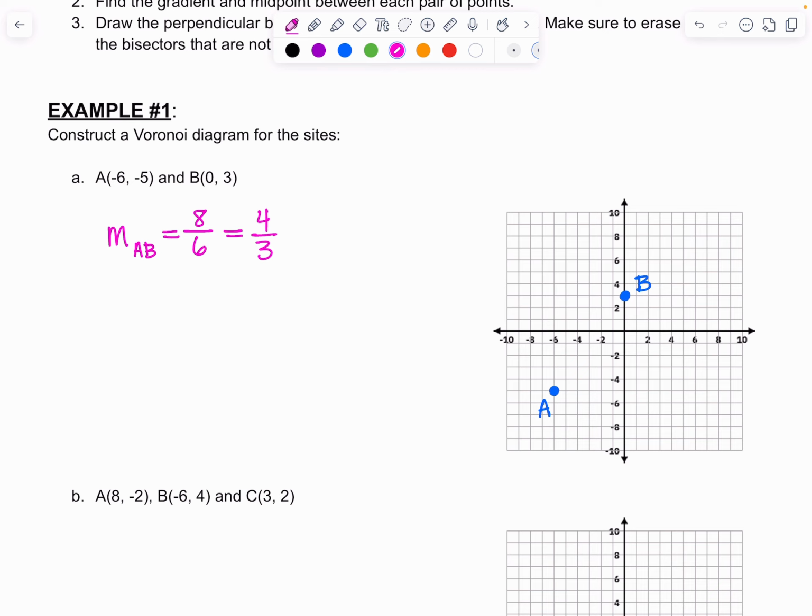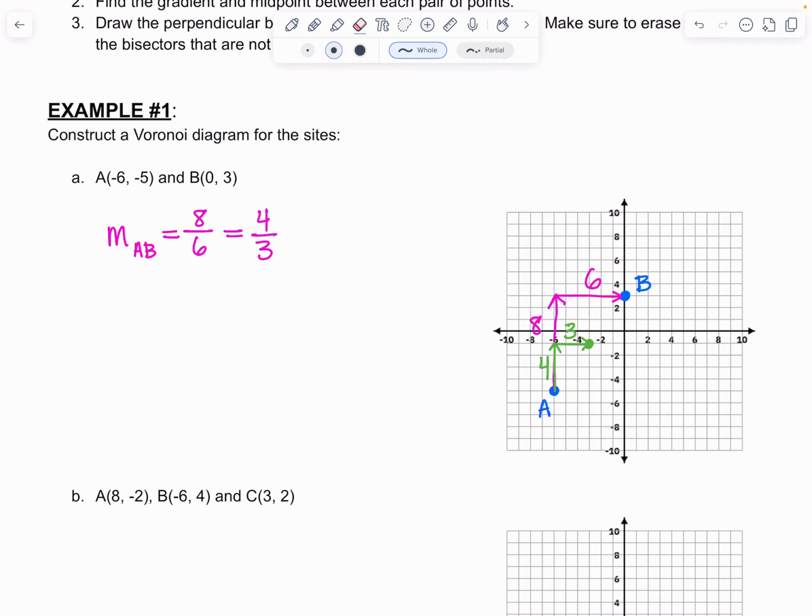So now what I need to do is find the midpoint. Well, you can use the midpoint formula, or to be honest, you can use common sense. If from A to B I went up 8 and then over 6, then common sense tells me that in order to go halfway, to the middle, I need to go up 4 and over 3.